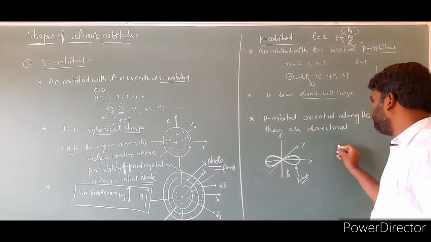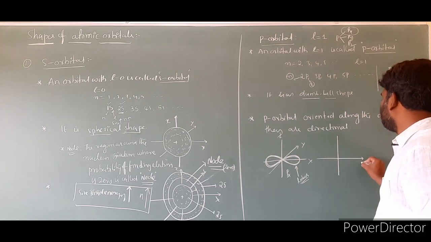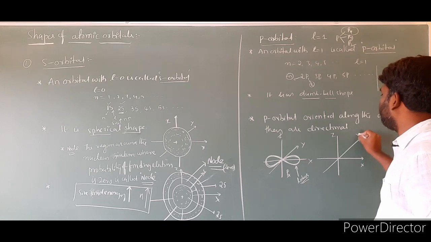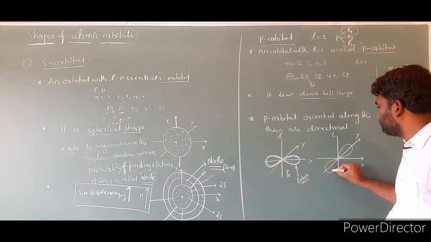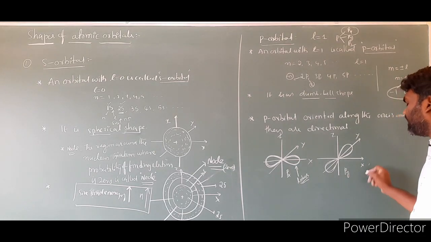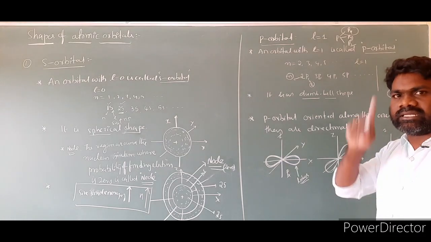This is the px orbital. Now let us draw the py orbital. This is x, this is z, and this is the y coordinate. Then we draw two sections like this. So this is the shape of the py orbital. Then the last one is the pz orbital, which we show along the z axis.